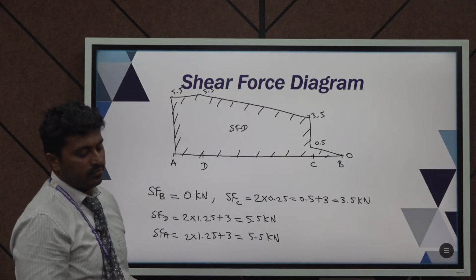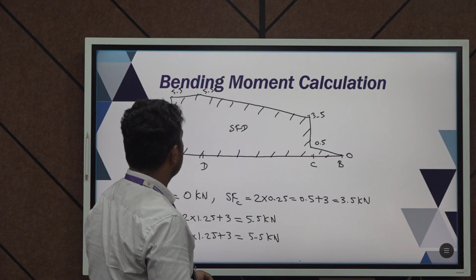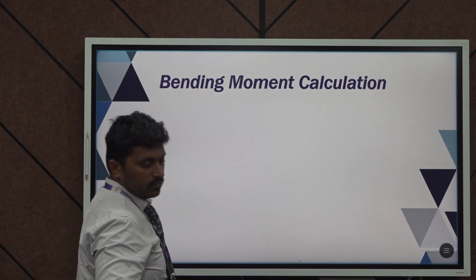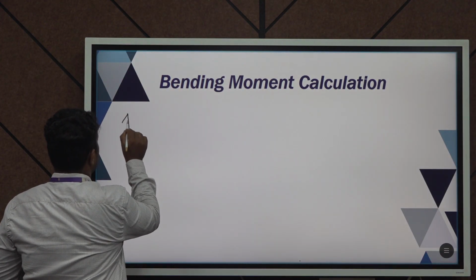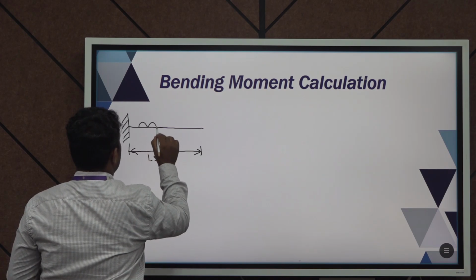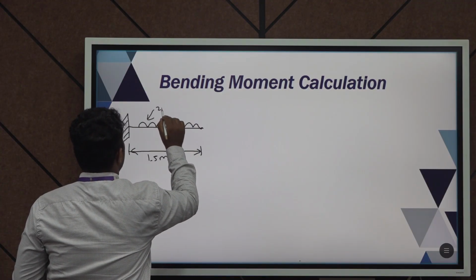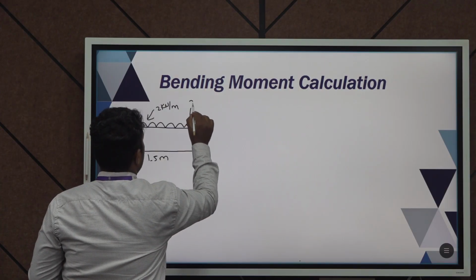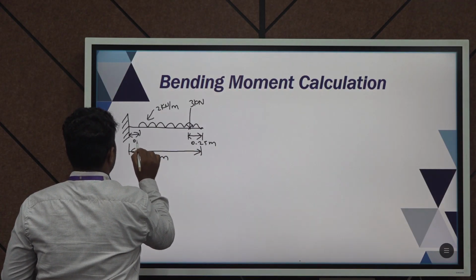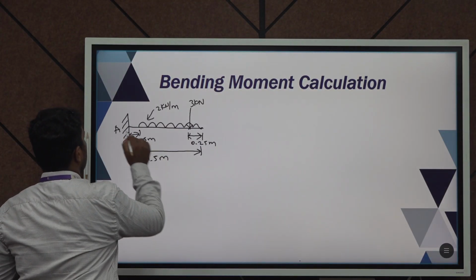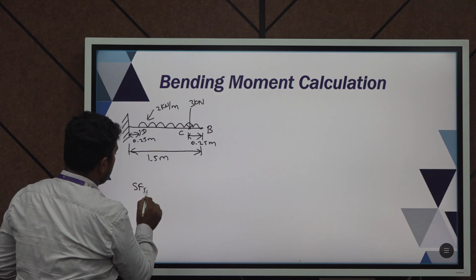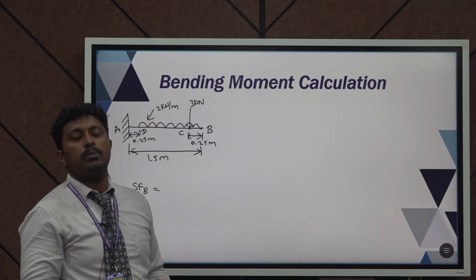Next, we are going to find the bending moment values at point A, B, C and D. Bending moment at point B. Moment is a product of force into distance.